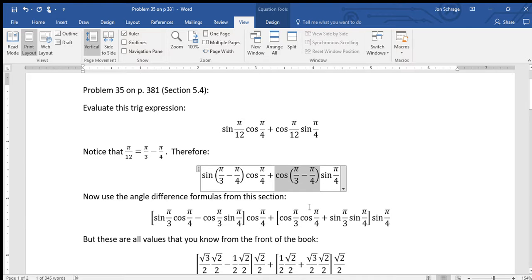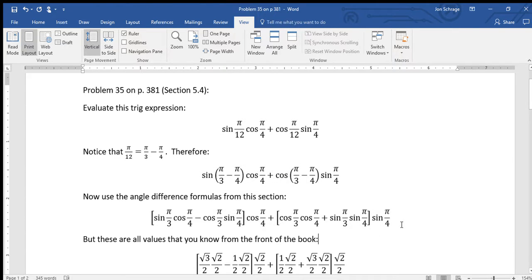It's cosine of u times cosine of v plus sine of u times sine of v. But that's what this is right here. This stuff in these square brackets right here is the angle difference formula for this one right here. Cosine of u, cosine of v, plus sine of u times sine of v. So everything that's in the square brackets comes from this right here, and then that's sine of pi over 4.